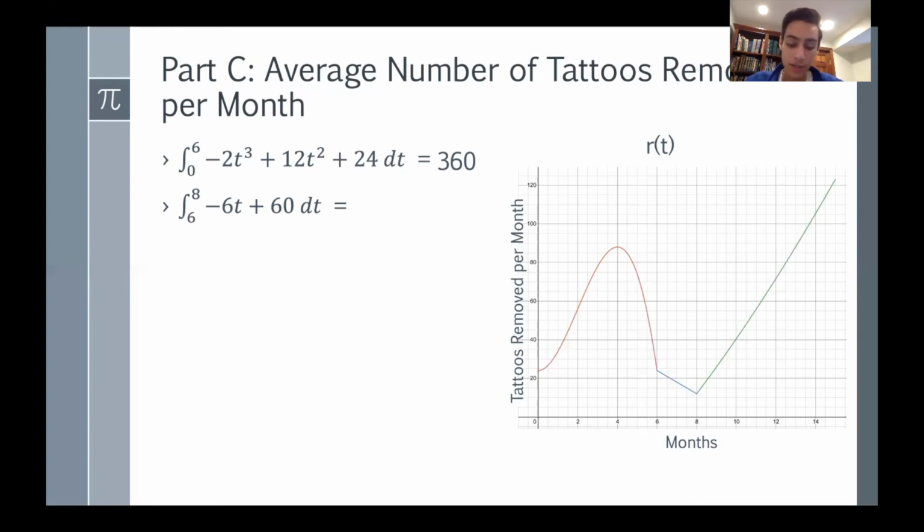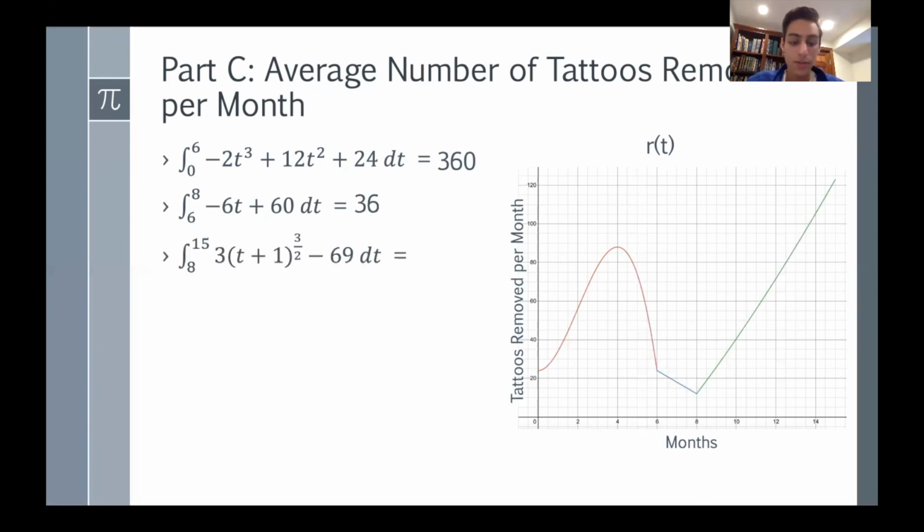We're going to do the actual integral. Ready? From 6 to 8 of negative 6t plus 60 dt. And you should get 36.